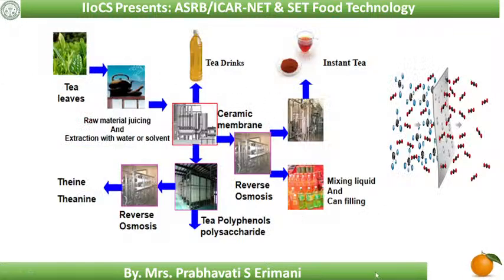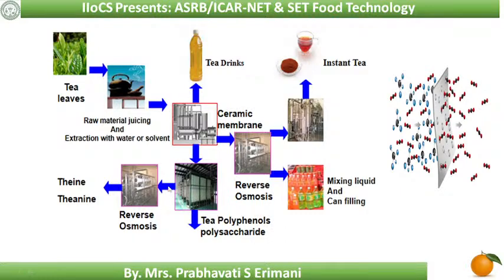Also in the case of tea, you can see the tea leaves, how the raw material juicing is done, and extraction with water or solvent is also done. This is how we get the tea, by means of the ceramic membrane, where the filtration happens. Here you can see polyphenols and polysaccharides.